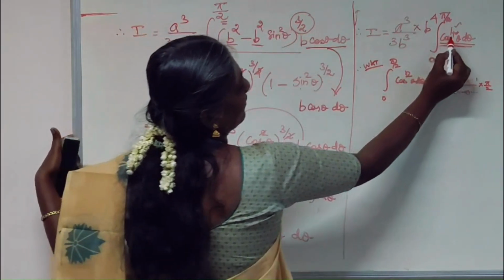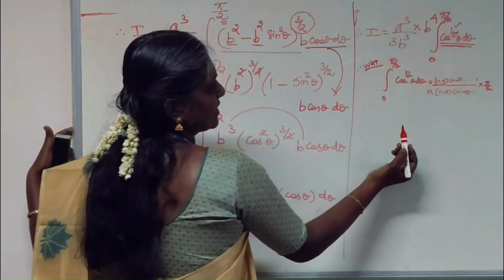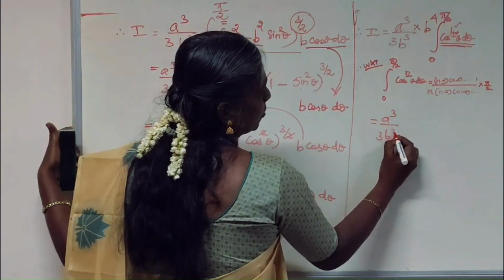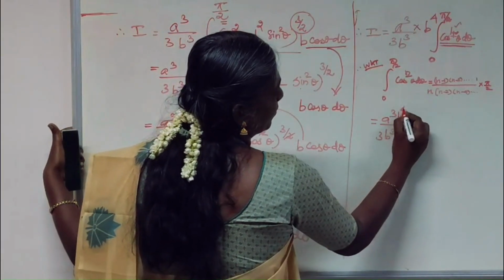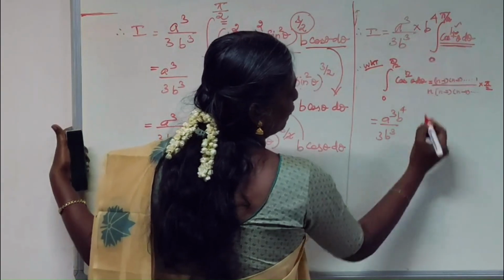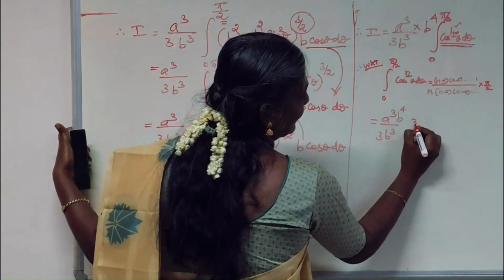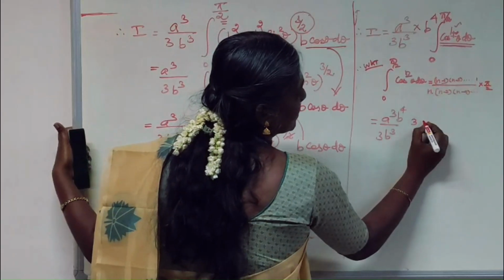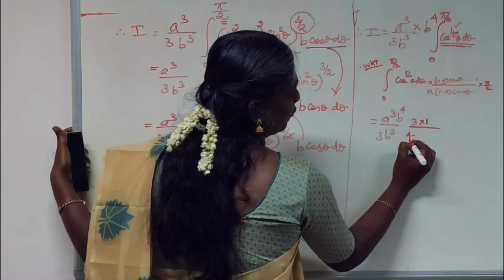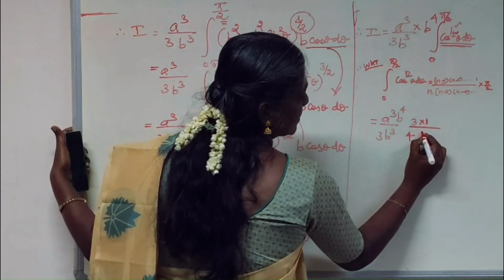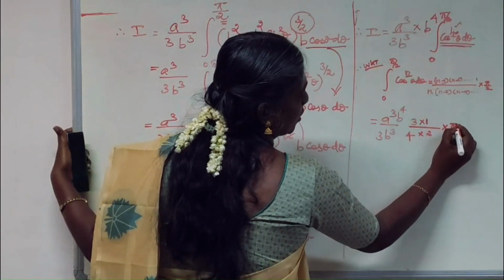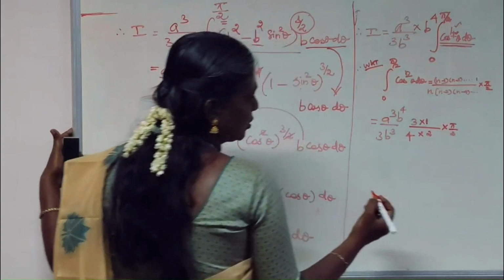Here the value of n is 4, which is even. So a cube by 3b cube, b power 4, and then n minus 1, that is 4 minus 1, that is 3, then 4 minus 3, that is 1, divided by n, which is 4, and 4 minus 2, that is 2. And since n is even, we multiply with pi by 2.